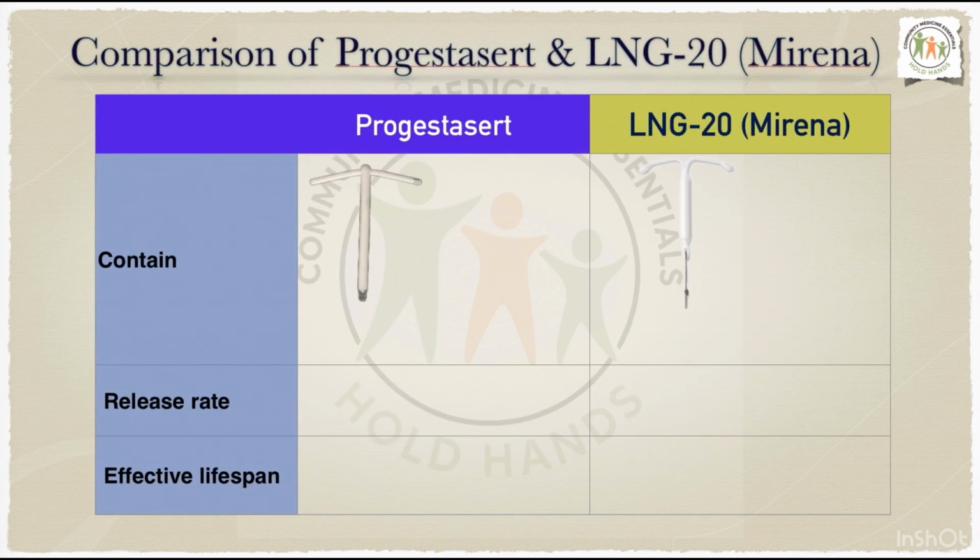Now let us discuss third generation IUDs, also known as hormone releasing IUDs. Two important examples are progestasert and LNG20, also called Mirena. Both of these are T-shaped devices.